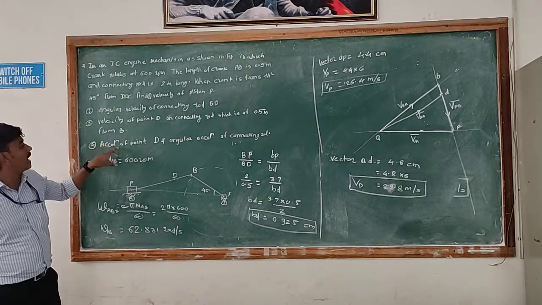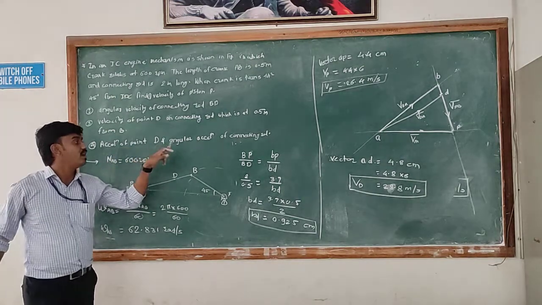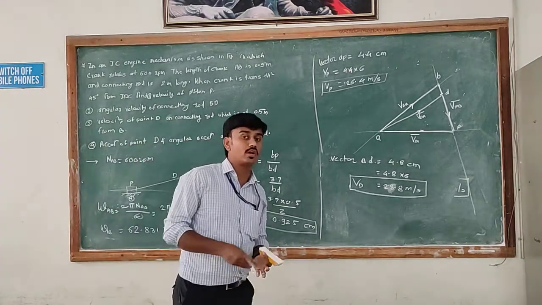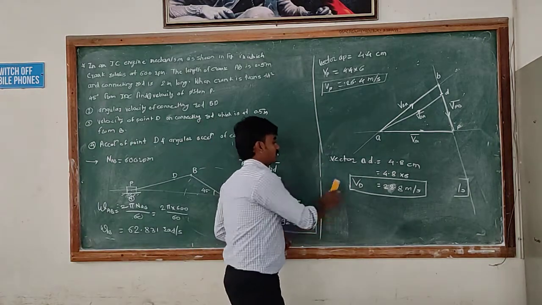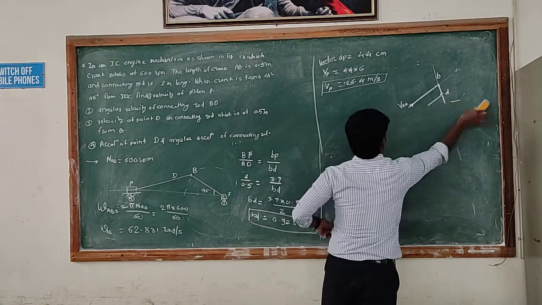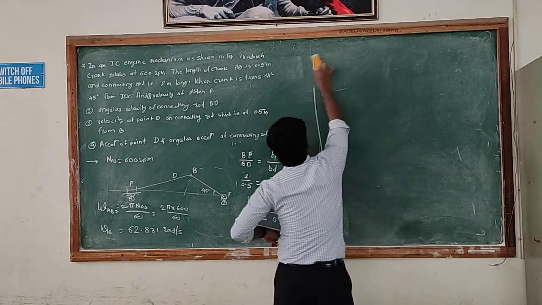Now we have to find out the acceleration of the point D and angular acceleration of the connecting rod. For this purpose, we have to make one table.